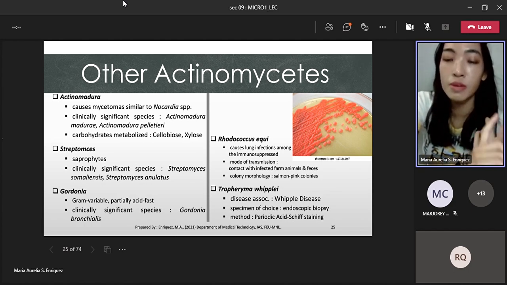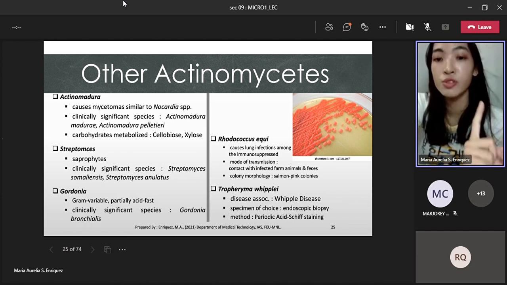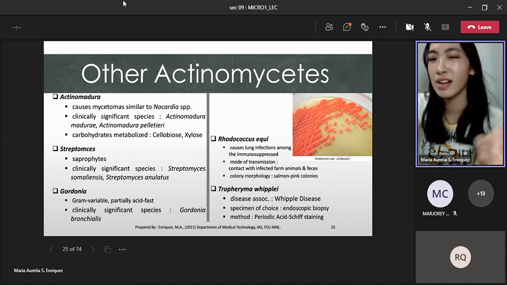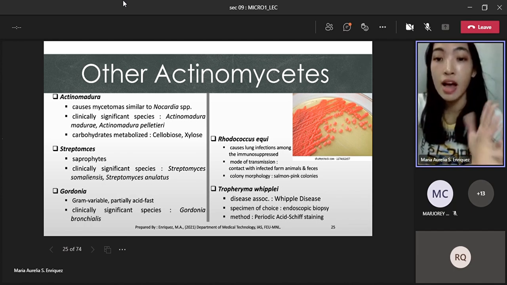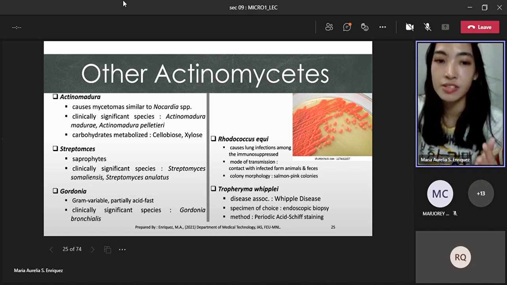Symptoms include diarrhea, weight loss, malabsorption of nutrients, arthralgia or painful joints, and abdominal pain. Eventually, this could progress to neurologic and sensory changes.